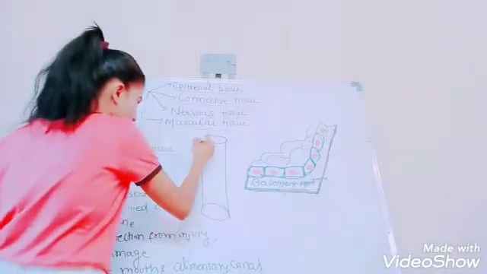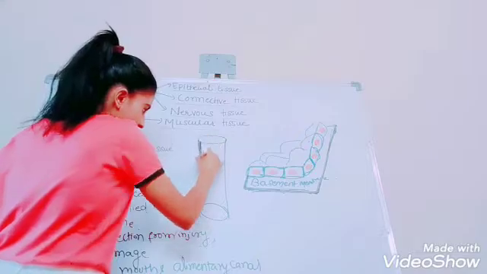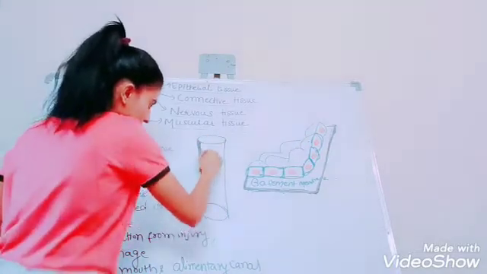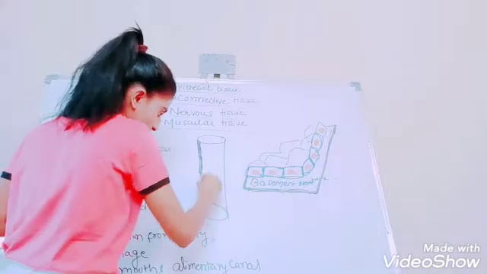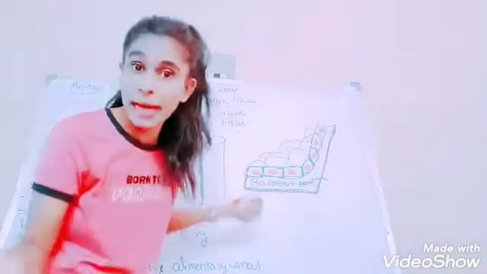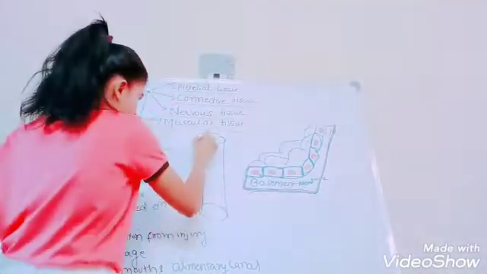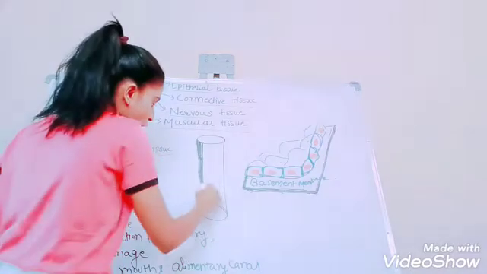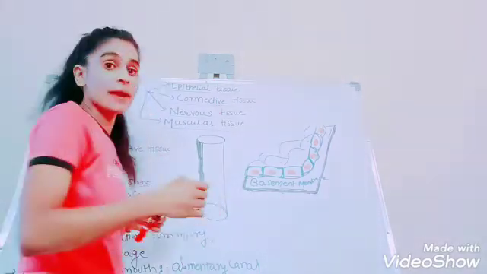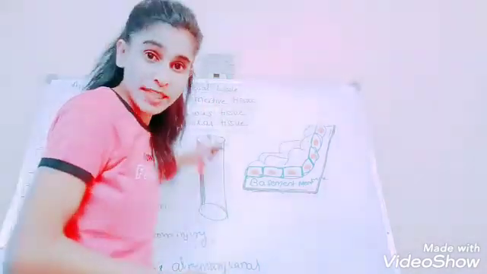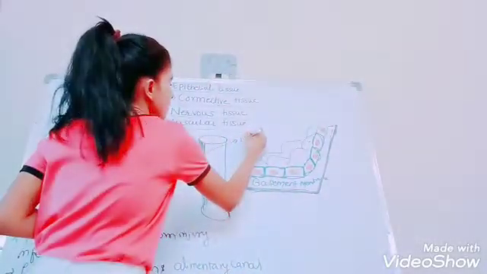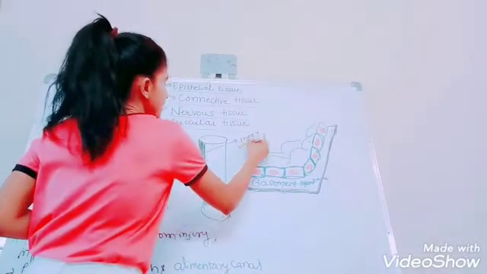If I coat the inner side of the tube with my nail paint, that coating is called the inner lining.